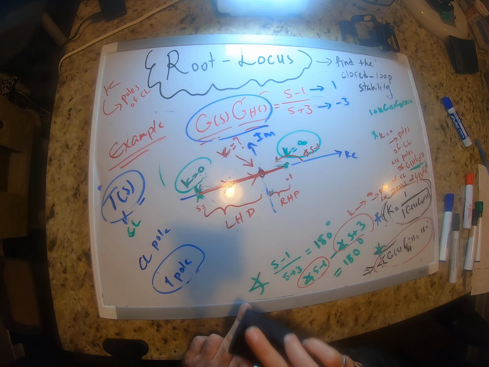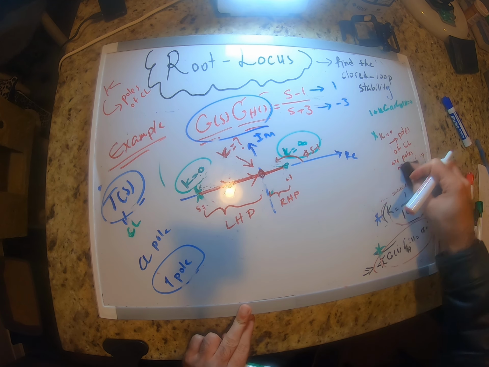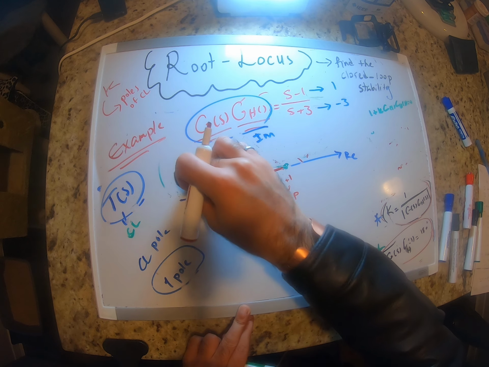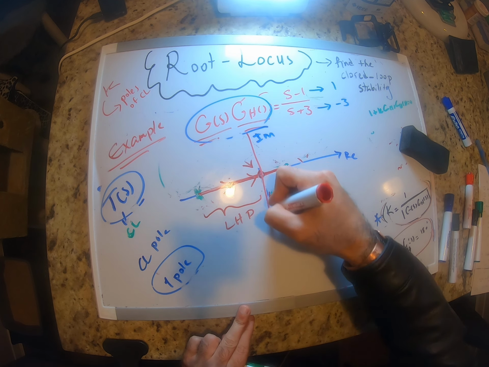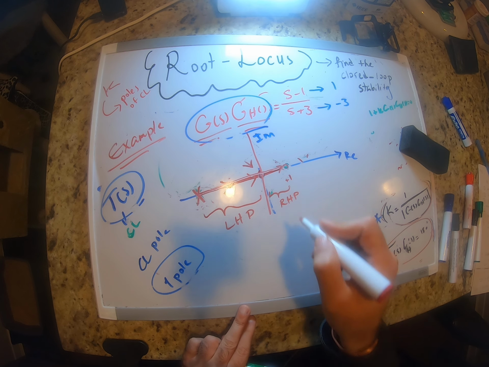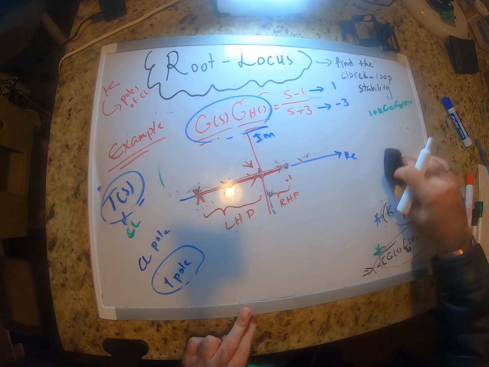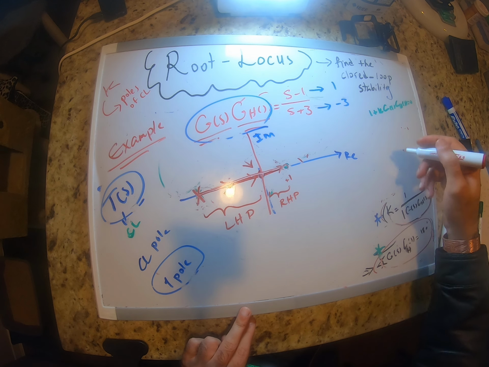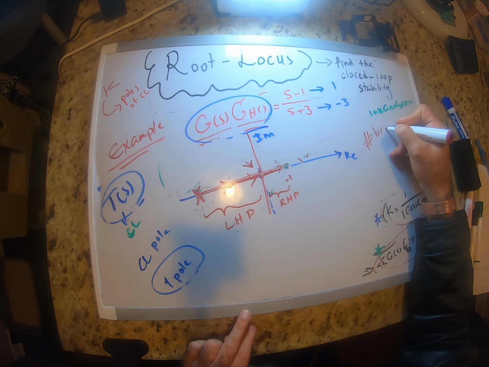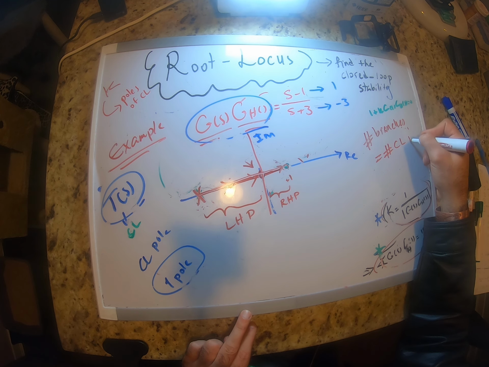I hope everybody got this part, why this is called the root locus of this system. It moves from this pole and ends at this zero, and it's just one line, okay? The root locus of any system has many branches. For this one, it has only one branch. The number of branches is always equal to the number of closed loop poles.